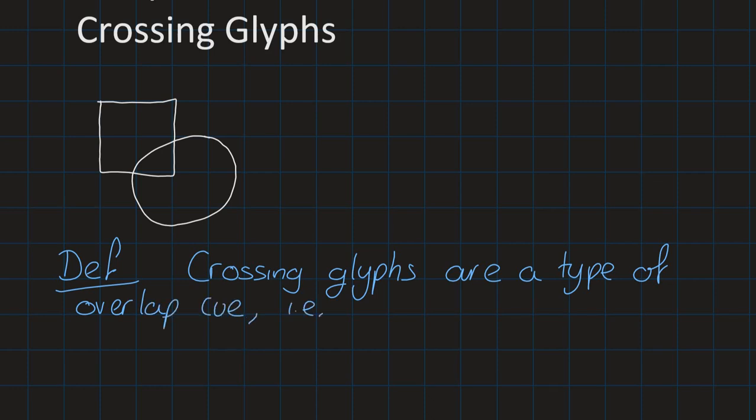That is, they are a way of signifying that one line segment is in front of another line segment.